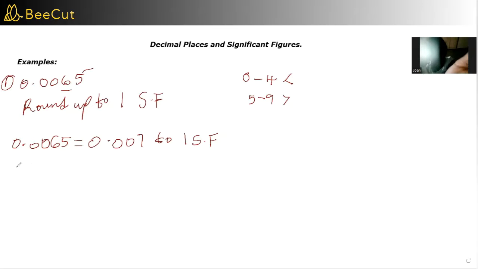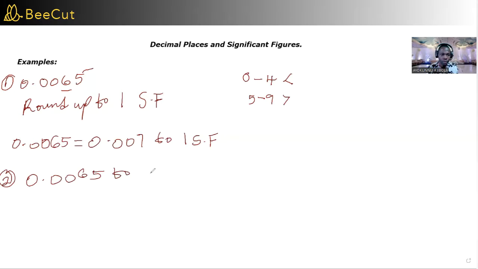But let's assume you want to round the same number 0.0065 to, let's say, 2 decimal places.